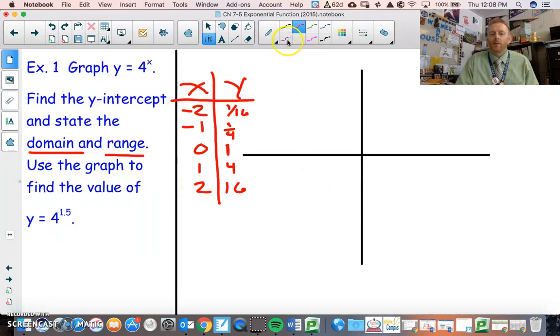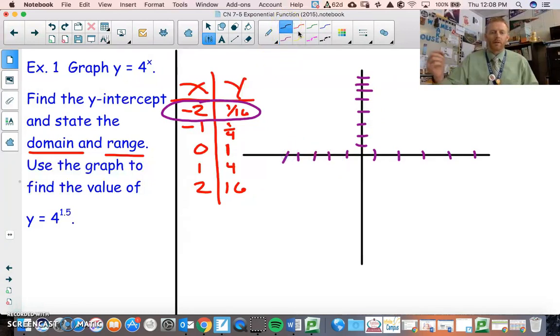So what I'm going to do now is I see that I have ordered pairs here, and I'm going to graph those things. I'll make some marks, and then I'll make my dots in a black marker so that we can see a little bit easier.